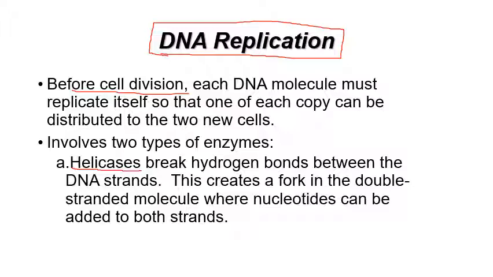Here we have helicase enzymes, and these are involved in breaking down the hydrogen bonds between the DNA strands. This creates a fork because we have to have access to those bases to be able to add the complementary bases to make a new strand of DNA.